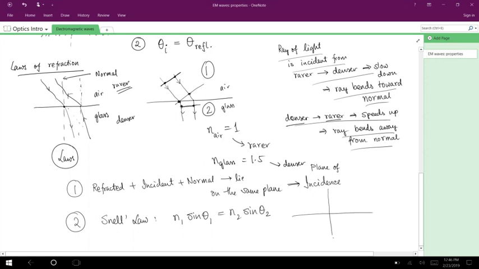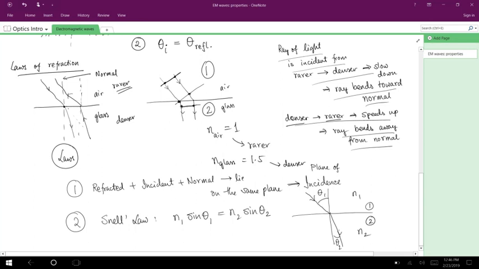So if this is my picture, this is my medium 1, medium 2. So medium 1 has refractive index n1, medium 2 has refractive index n2. A ray of light that is incident like that, if this is the angle theta 1 and that's the angle theta 2, right? Then n1 sine theta 1 is equal to n2 sine theta 2.